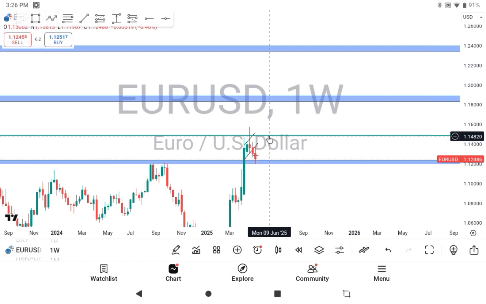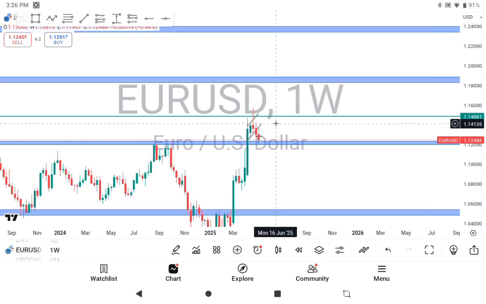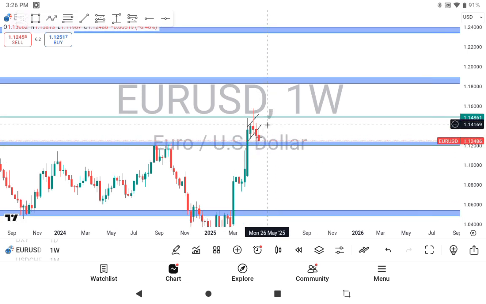If price gets here for the second attempt and is unable to break above it, then we should see a double top on this level right here, and this will serve as a neckline and price will push down. But if price was able to break here and continue and was able to break and close below this place, we should see price coming right here.